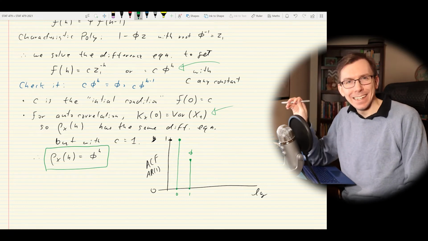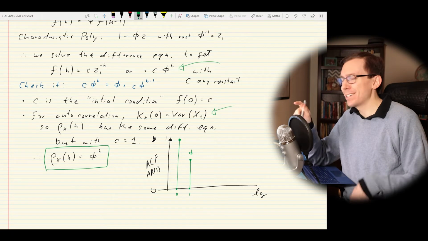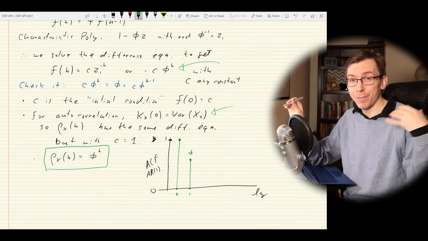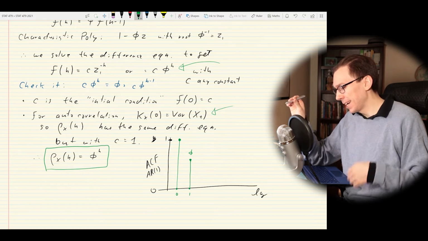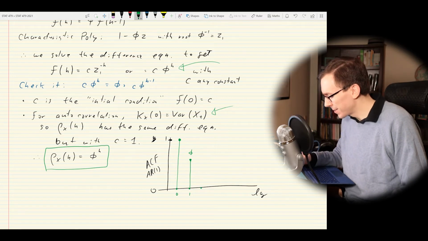And I was kind of hinting at this when we looked at the ACF functions before. I said, oh, look, if I just picked a value like 0.7, like I did in a previous lecture for phi, then the very first estimated autocorrelation is going to look very close to 0.7.